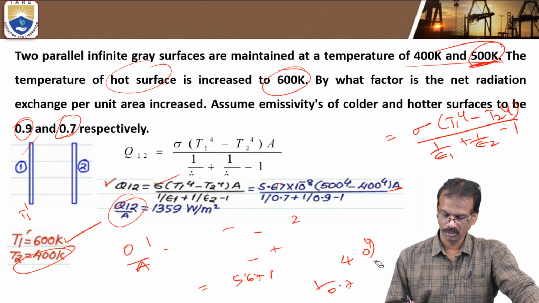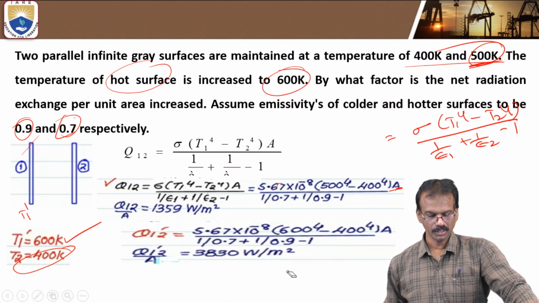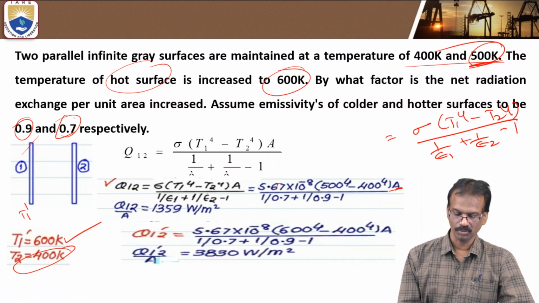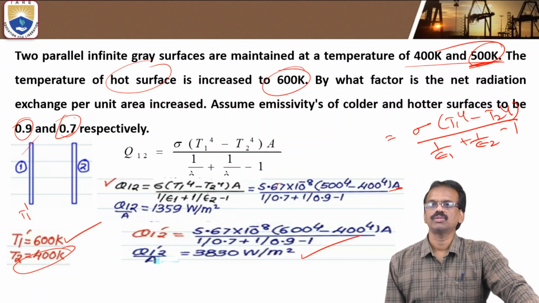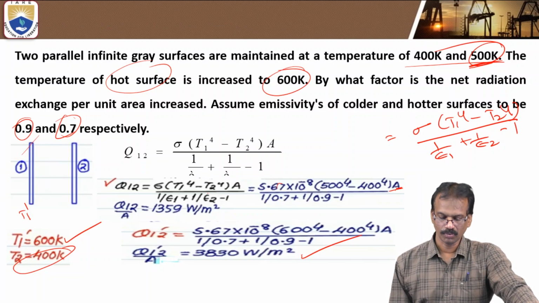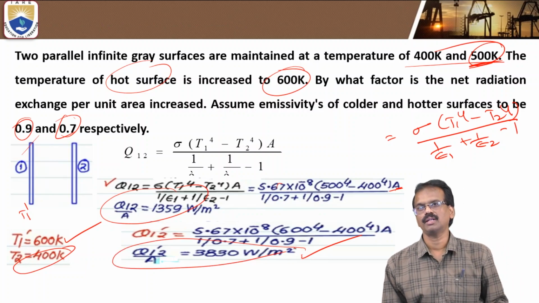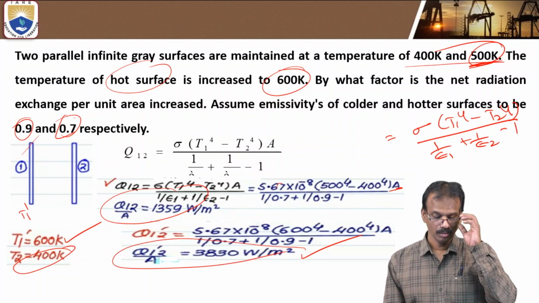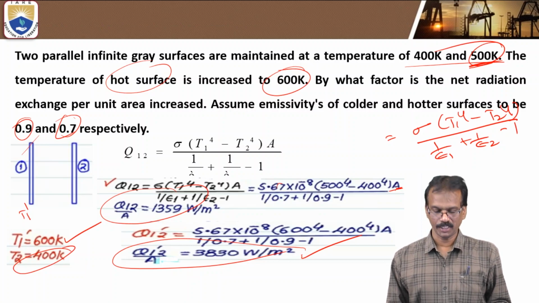So the rate of heat transfer at revised temperatures is this value: 3830 watt per meter square. So if the temperature is raised, the rate of heat transfer or radiation flux is equal to 3830 watt per meter square.